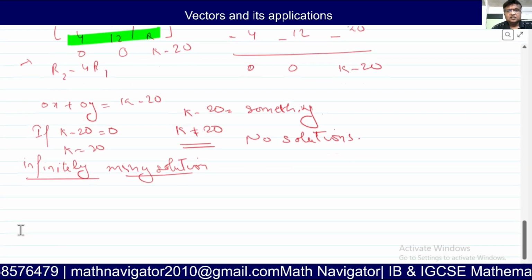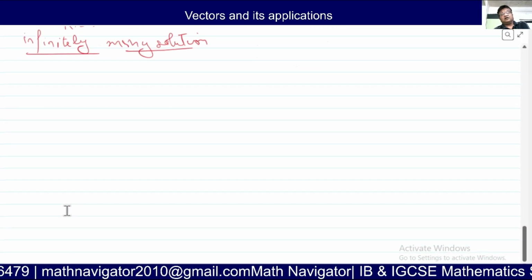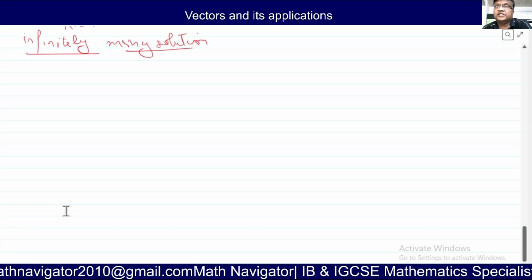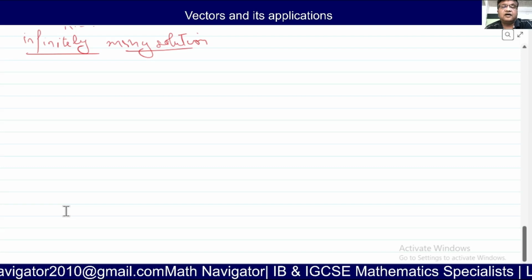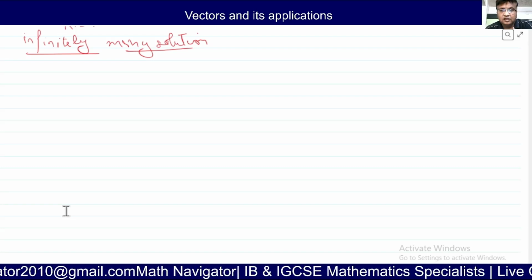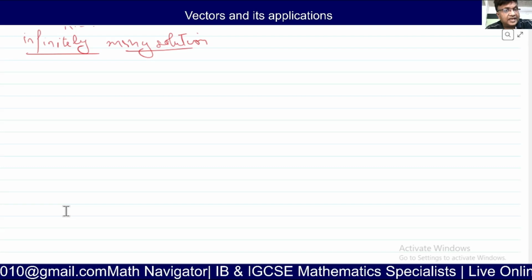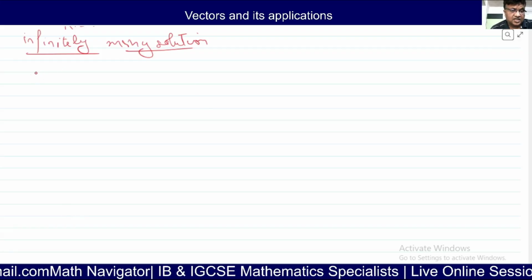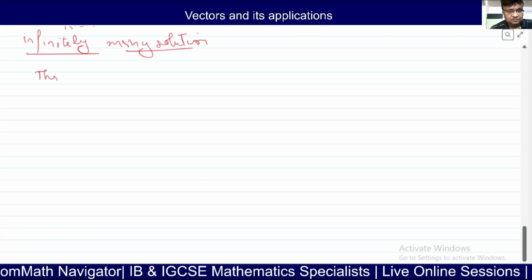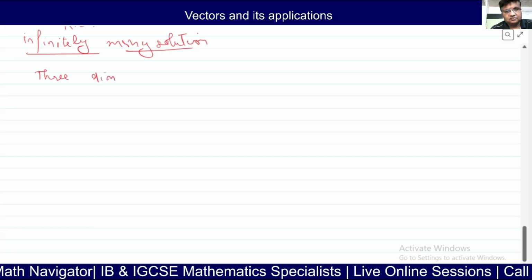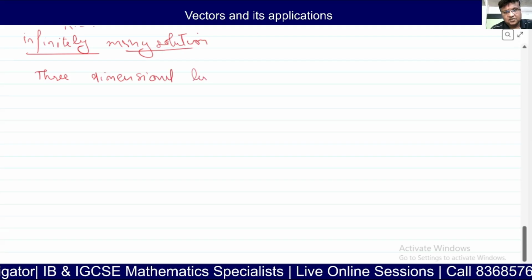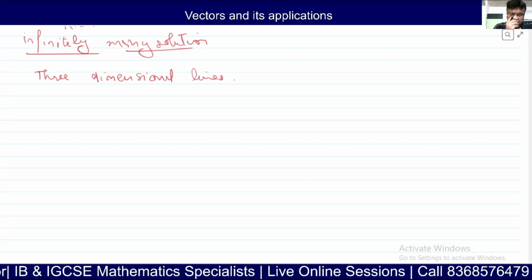Right. So this is the relationship between two lines lying in a plane, that means two-dimensional lines. But what if there are three-dimensional lines? See, there can be three things.